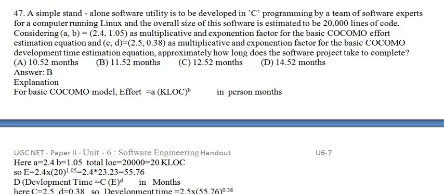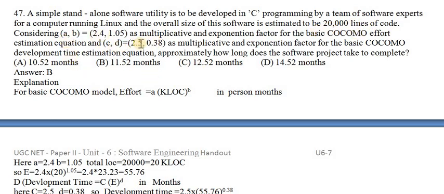Next one: a simple stand-alone software utility is to be developed in C programming by a team of software experts for a computer running Linux, and the overall size of the software is estimated to be 20,000 lines of code.